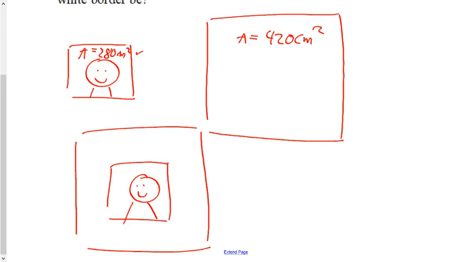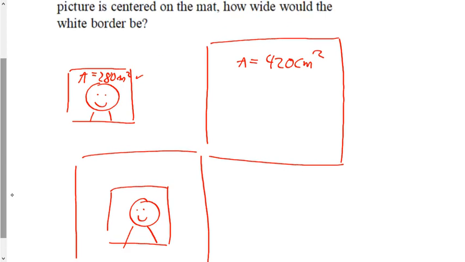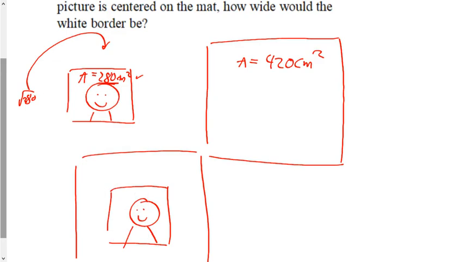I think I'm going to calculate the side length of each. So since this is 280, the square root of 280 will be the side length. Grab my calculator. What is the square root of 280? It's 16.7. So that's the length of the picture, approximately 16.7. Ooh, that's helpful. Put that here.